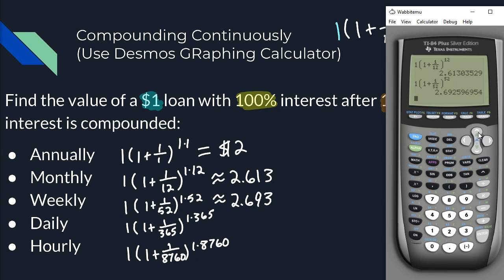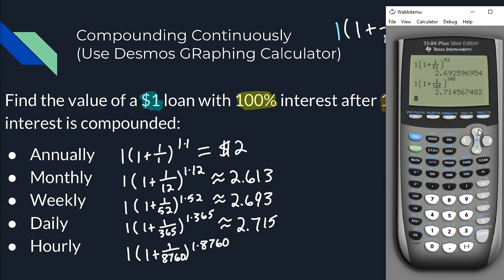Now I'm going to figure out the amount if it's daily. So 365 is the n value in our equation. t is still 1. So that's 2.715. And hourly.